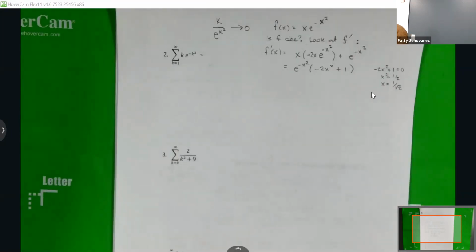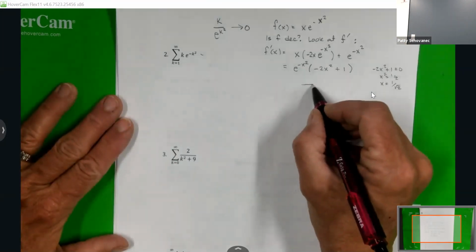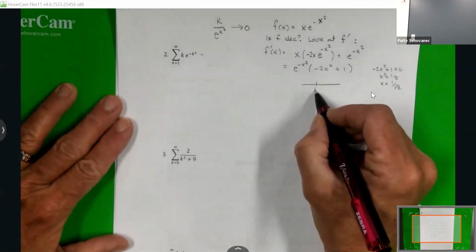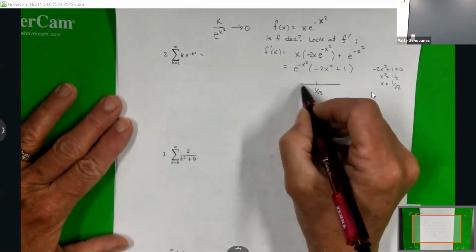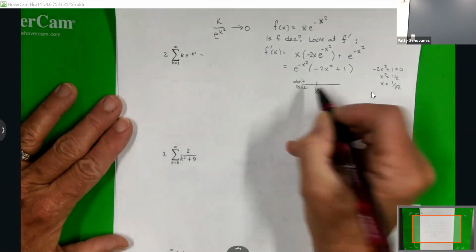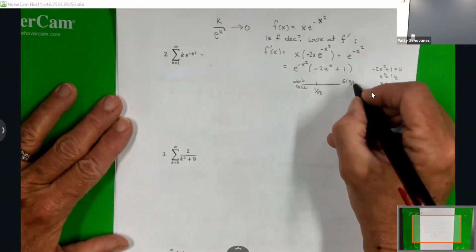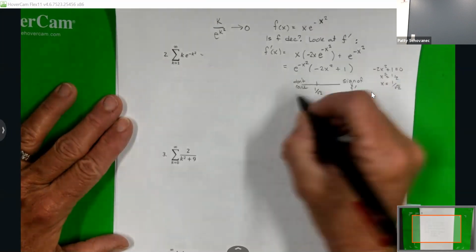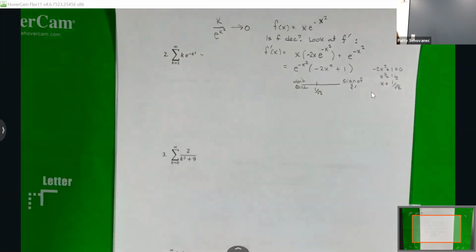I didn't consider the negatives because I'm only in the positive real number line. So if I look at the sign of the first derivative, beyond that, I don't care what happens over here. We only are interested in what happens in the long run.